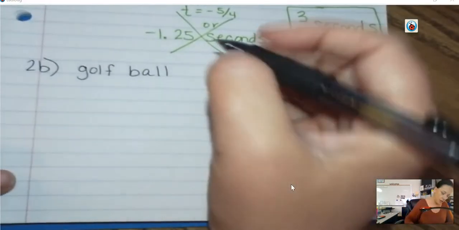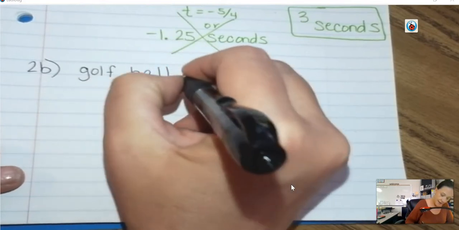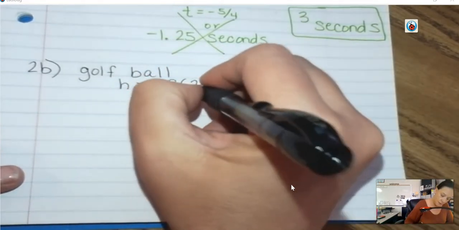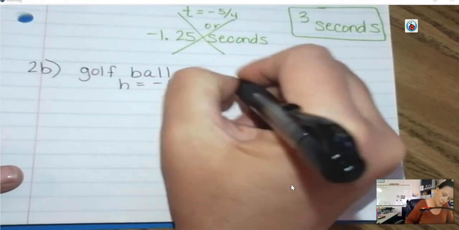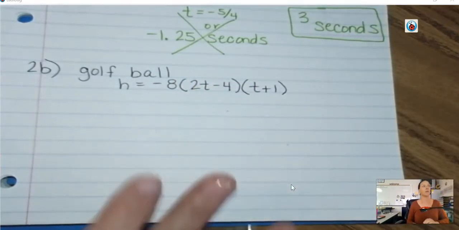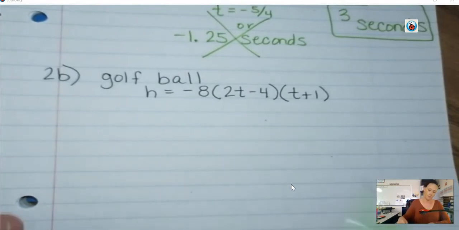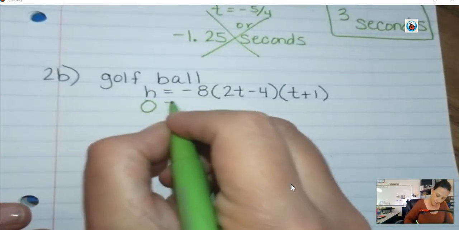The equation they gave us is h equals negative 8 times (2t minus 4) times (t plus 1). So we're going to set that equal to 0.